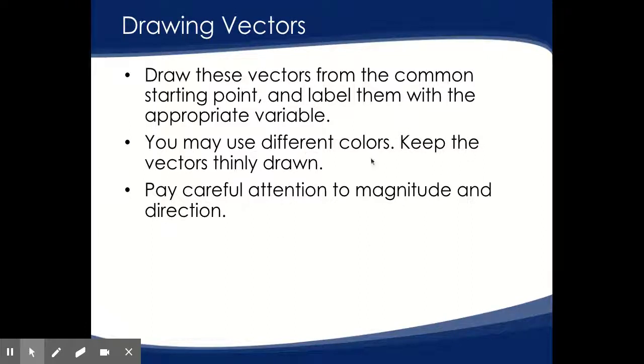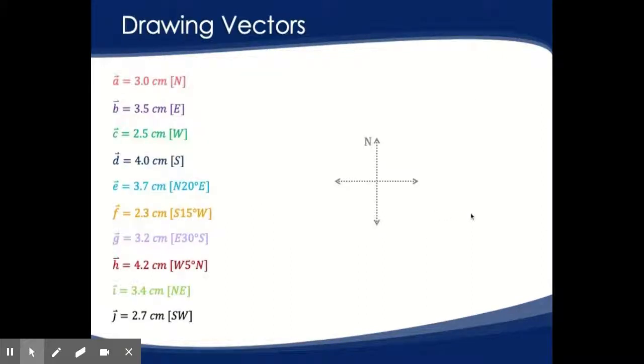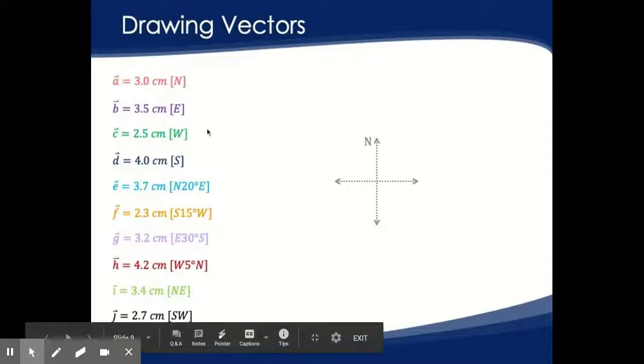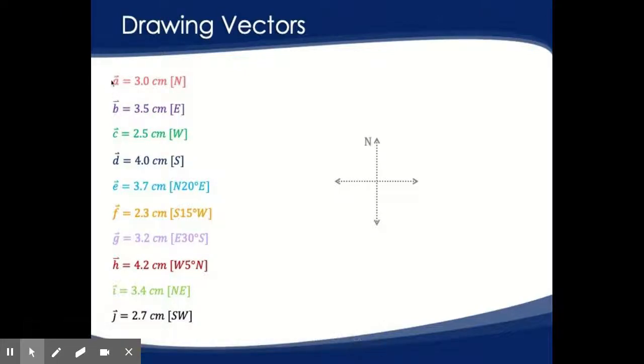So make sure you're drawing it neatly, keep your lines thin and accurately drawn, and then please pay attention to your magnitude and direction. That's the most important part. So here's just more examples. You might get questions like this. The vector you're drawing, and this is the variable for the vector, would be A, with a little hat on it because it has magnitude and direction.